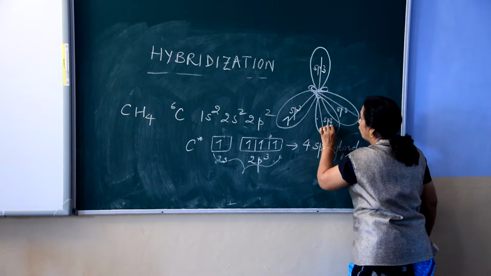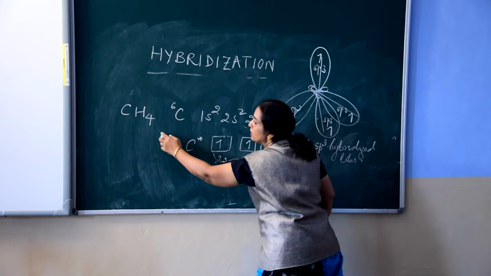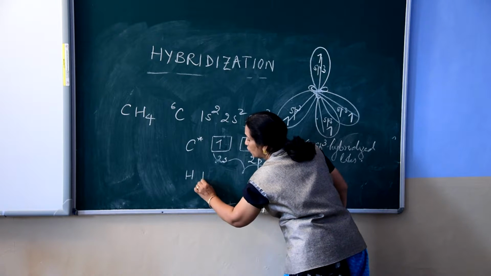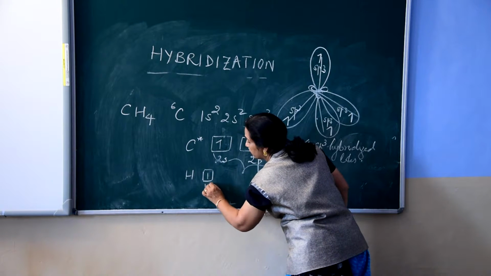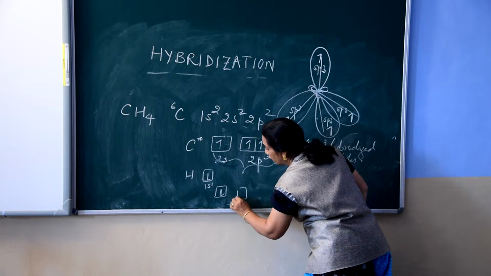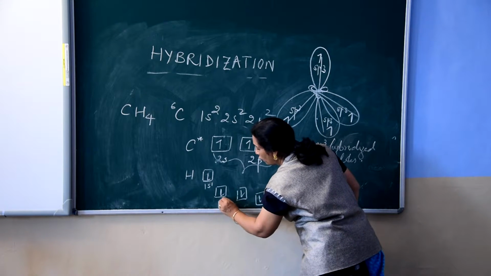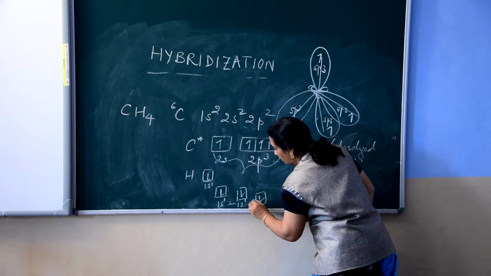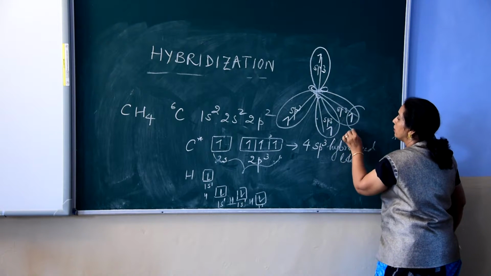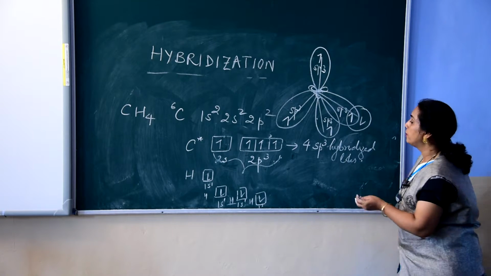which have 4 electrons. Each of these 4 electrons in case of methane will bond with 4 hydrogen atoms. Each hydrogen has 1 electron in the 1s subshell. We will show them in different orientations: 1, 2, 3, 4, 4 hydrogens. Each of the 4 electrons can be shown because the electron of hydrogen is present in the s subshell, which is spherically symmetrical in all directions.